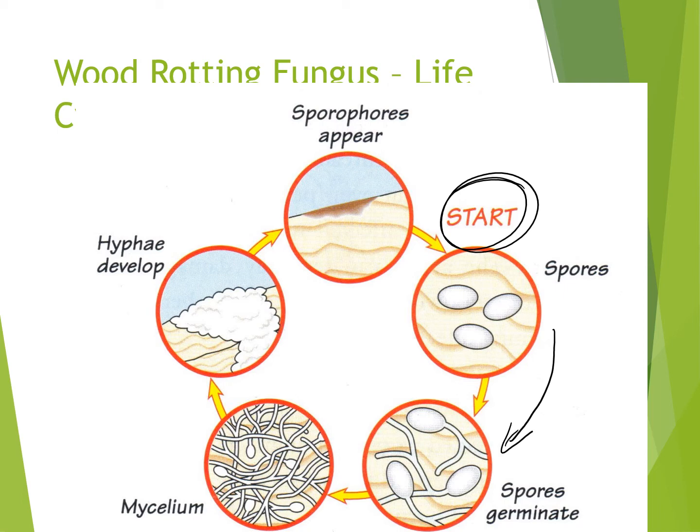Then they form mycelium. Then a kind of fuzz grows on the wood, and then sporophores occur, and that's when it starts to eat. Once it starts to eat, it starts to reproduce, and the whole process will grow again, and that's when you've got the spread of that rot occurring. And once it goes round and round and round, you're going to have more and more fungus occurring.